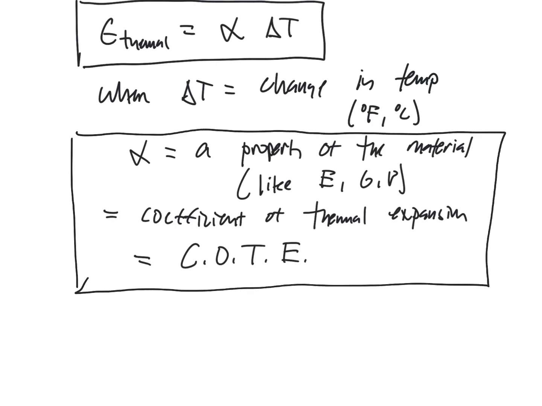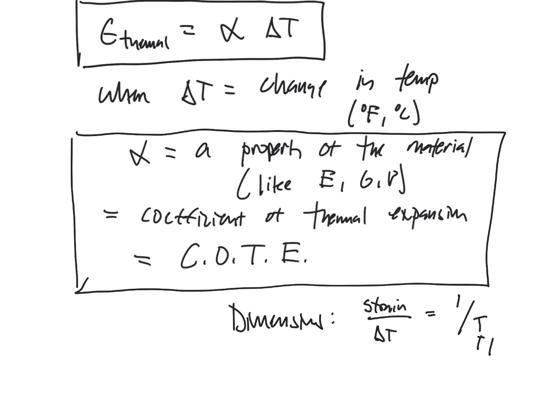So alpha is a coefficient of thermal expansion, and it has dimensions of strain per degree temperature change. Well, strain is dimensionless, so we write that as 1. A dimensionless parameter has no dimensions associated with it, and then we put down here the temperature change, so 1 over temp.